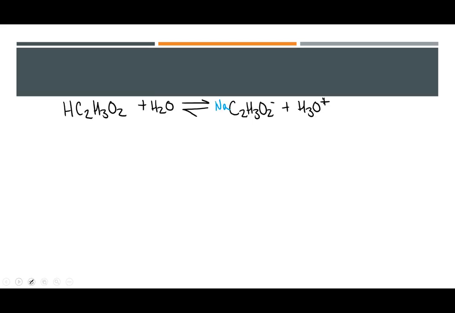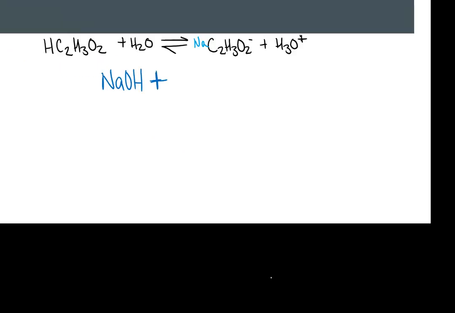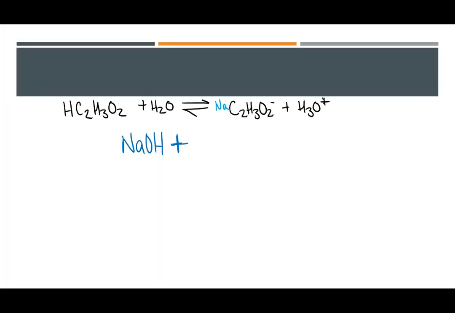So if sodium hydroxide is a strong base, which portion of the equation is this going to react with? Yeah, it's going to react with acetic acid, right? So the base is going to react with the acid or be neutralized by the acid.